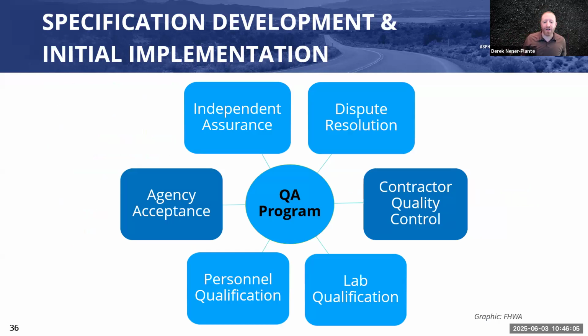And the final note here to think about is the graphic Tim again showed. We've shown it many, many times. We always talk about agency acceptance and contractor quality control. Those other four items need to get adjusted accordingly as well. If I start bringing this into acceptance and I'm paying on BMD, it's now got to be handled in independent assurance, dispute resolution, personnel qualification, lab qualification.